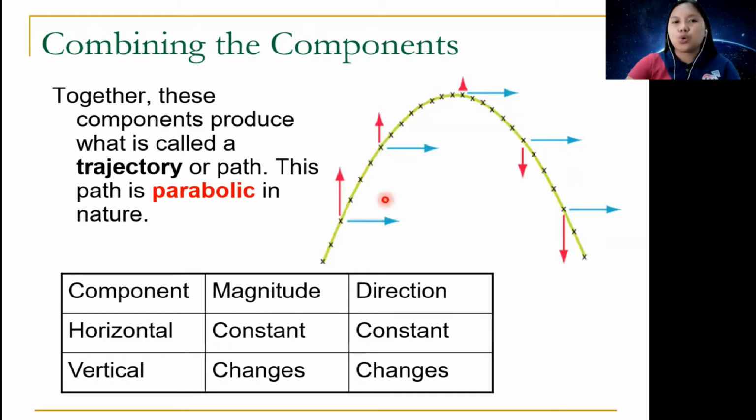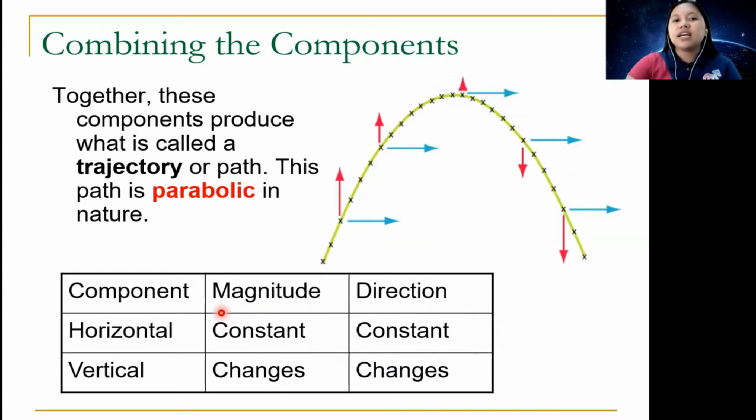So what does this show? This shows that the horizontal and vertical are different, okay? In what aspect are they different? They are different because of their magnitude and direction, okay? So for horizontal, the magnitude and direction are always constant.